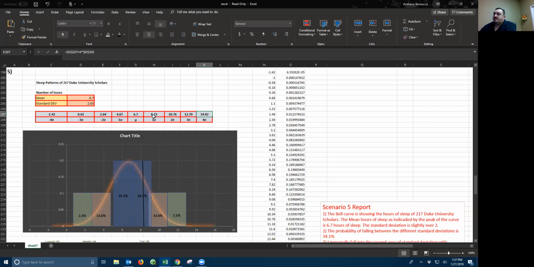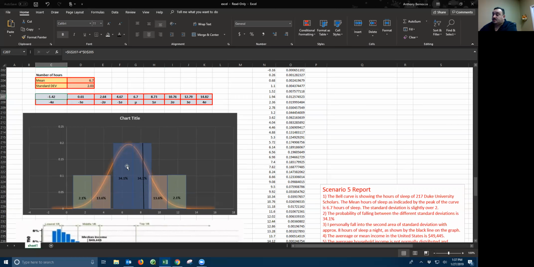And our standard deviation, as you can see, goes down. And obviously we don't have the negative sleep, but as you can see on the graph, the standard deviation is 34.1%. I fall into the second one.